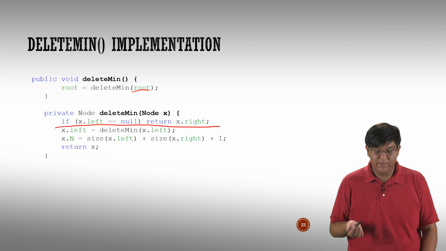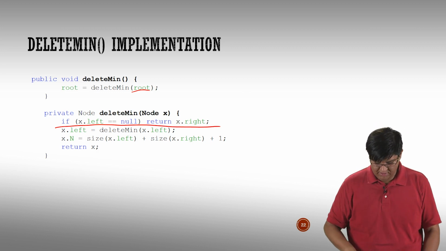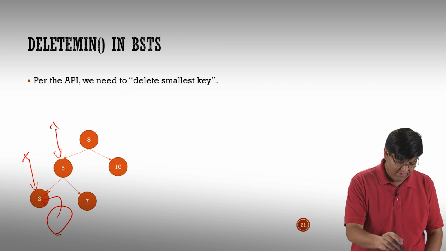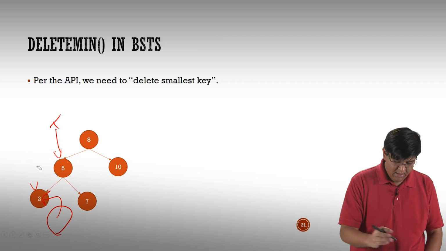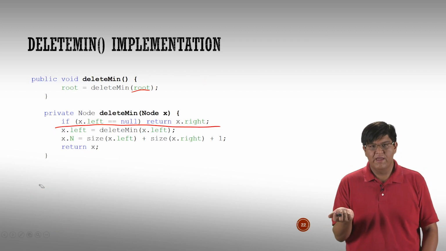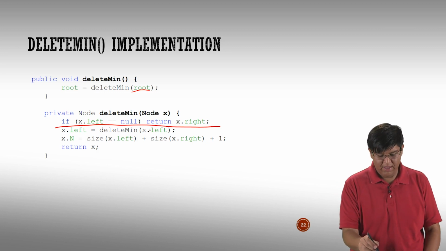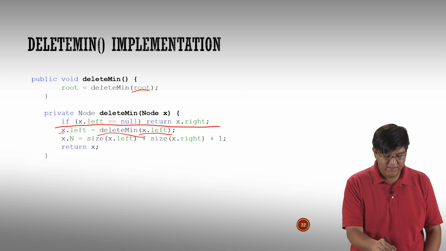If it's not null, then we have a little bit of work to do. Basically, I'm looking at a node in the tree, maybe this 5 over here. If I'm looking at that, update 5's left to be 5's left with that minimum deleted. You'll notice we have this paradigm again. The input is the left-hand subtree, we do some stuff to it, and then we update the left-hand subtree.